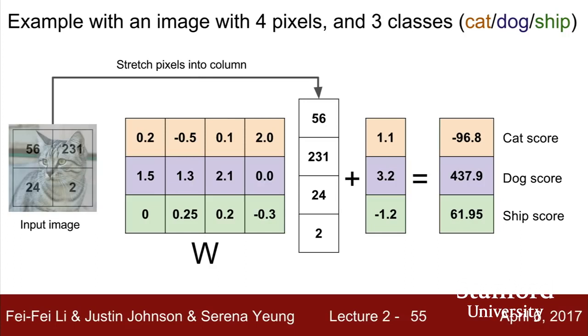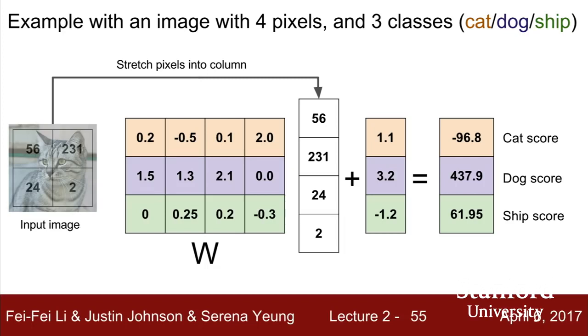In this example we are restricting to 3 classes, cat, dog, and ship, because you can't fit 10 on a slide. Our weight matrix is going to be 4 by 3, so we have 4 pixels and 3 classes. And again, we have a 3-element bias vector that gives us data-independent bias terms for each category.